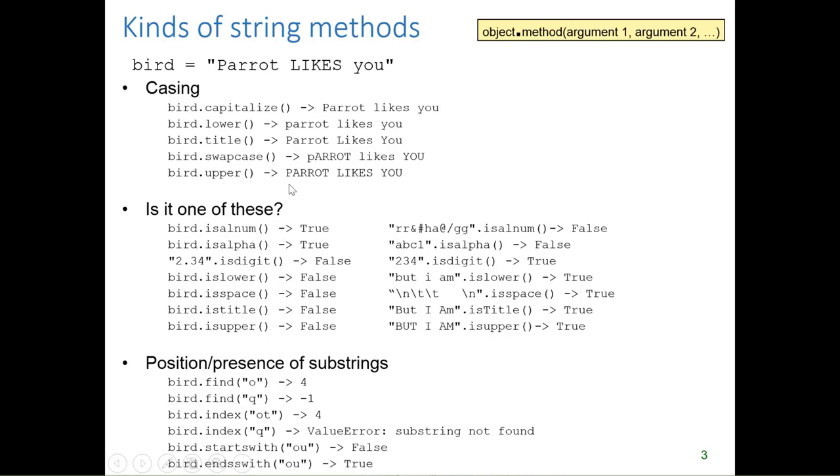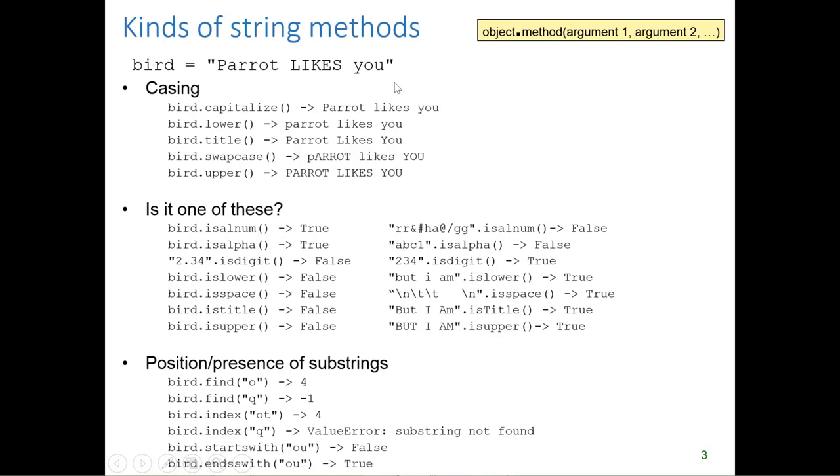It swaps it around. Bird.upper returns Parrot likes you, all in capitals. Is one of these methods isalnum? Isalnum stands for alphanumeric, and it is. A string that would be non-alphanumeric would be something like this that has special characters in it.